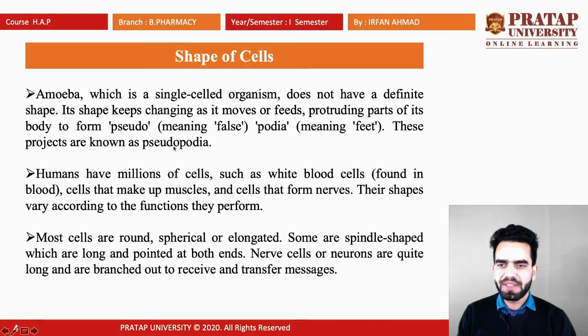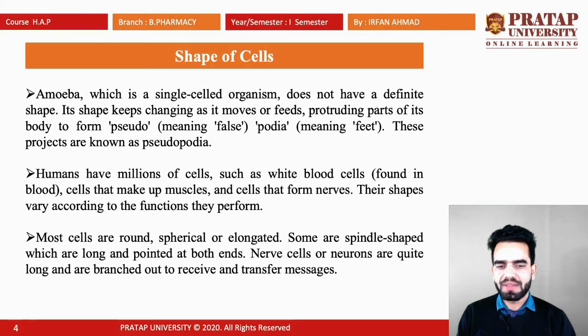Humans also have millions of cells, like the white blood cells found in the blood, cells which make up muscles, and cells of the nerves like neurons. Their shapes also vary according to the functions they perform. Like the size, the shape of the cell depends upon the function the cell performs. Mostly cells may be round or spherical, or they may be elongated.